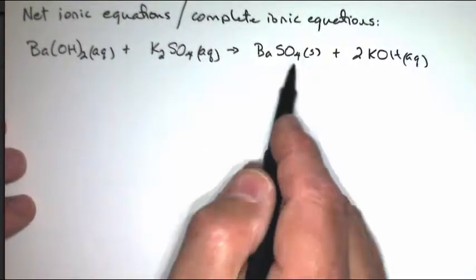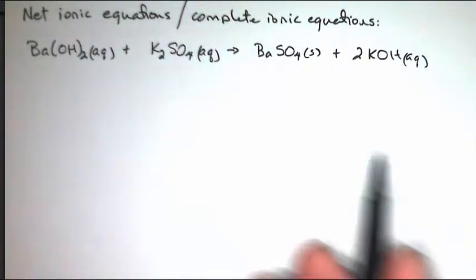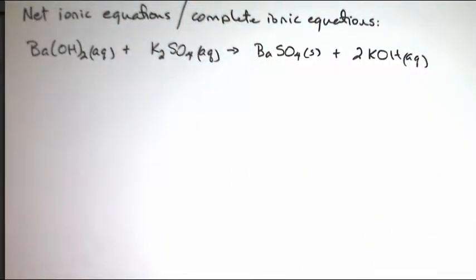Now this solid over here, this doesn't break up in water. That's why it's a solid. It's not being solvated. So what we're going to do is just break up the stuff that's ionic and aqueous. That's it. That's all you've got to do. You with me? It's simple. You're breaking up the stuff that's ionic and aqueous.